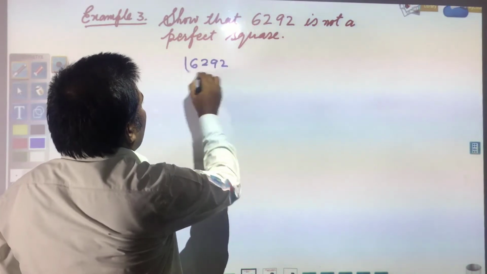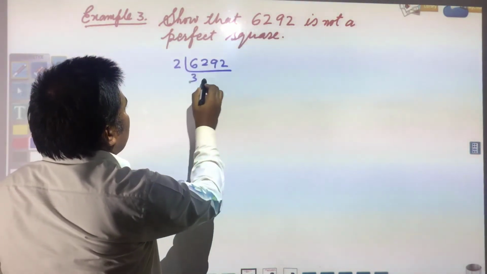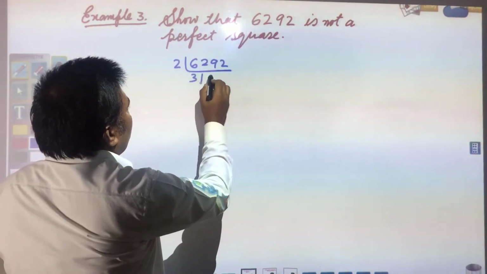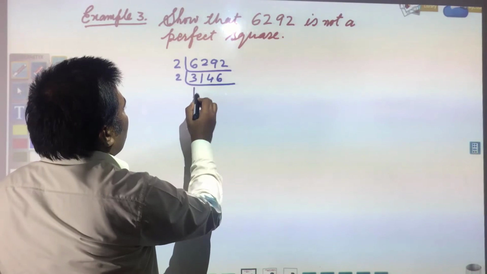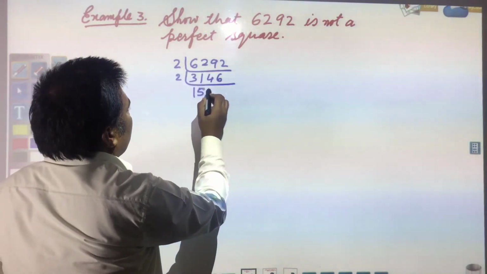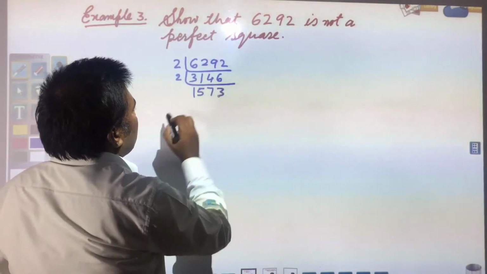6292. Start with the smallest prime number, 2. 2 3s are 6, 2 1 is 2, 2 4s are 8, 2 6s are 12, 2 1 is 2, 2 5s are 10, 2 7s are 14, 2 3s are 6.